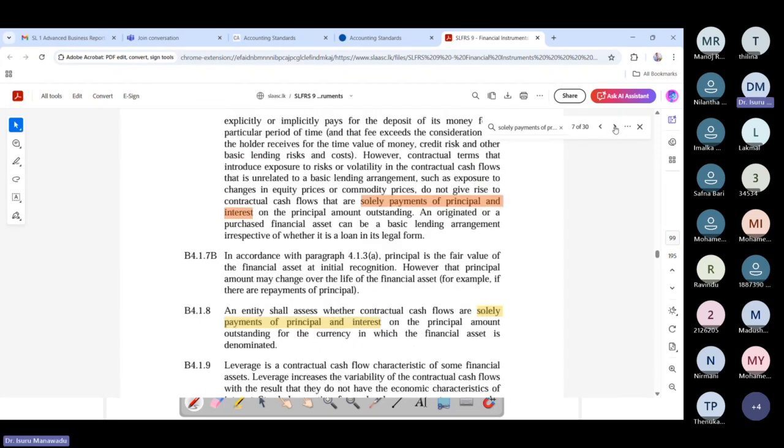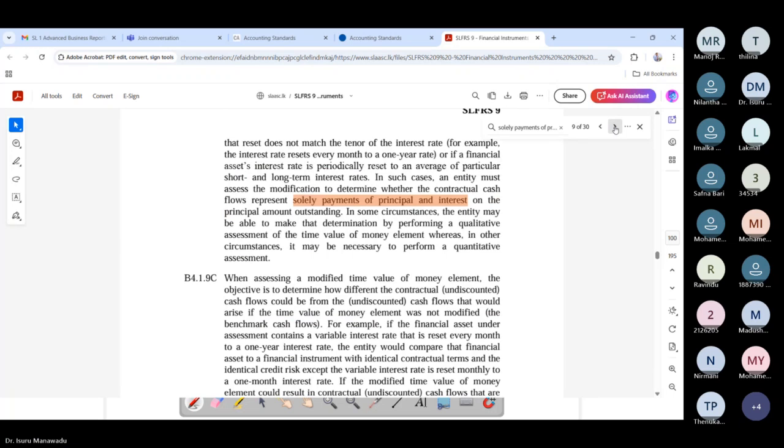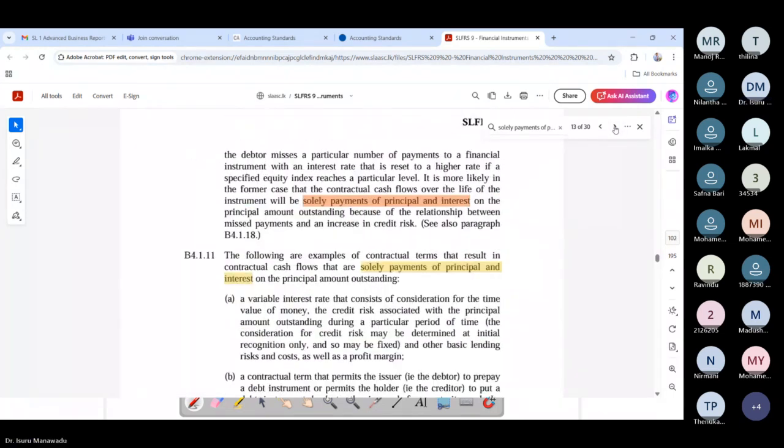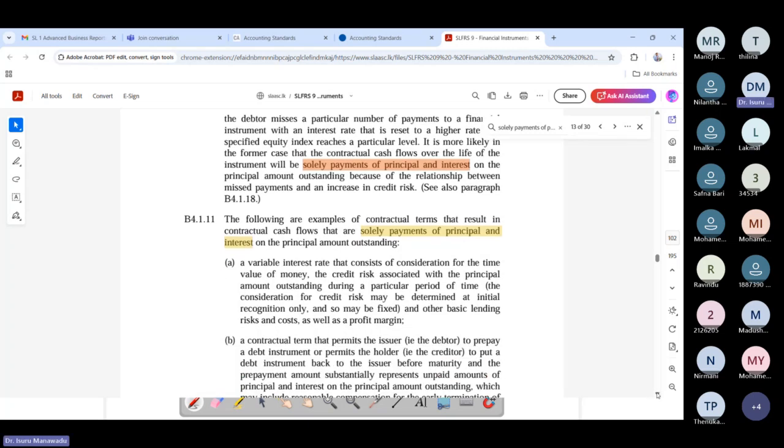Let me show you some examples. Look at this. Section B4.1.11. Have a look at this.